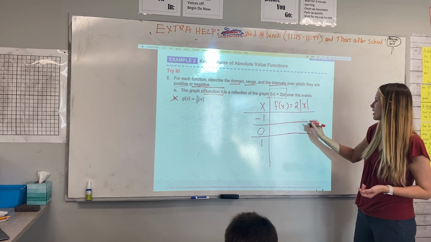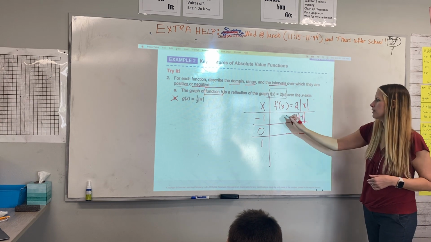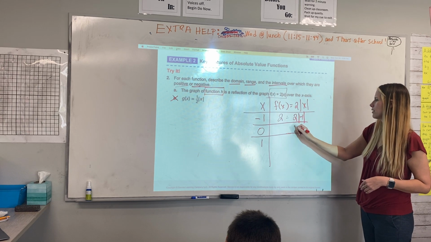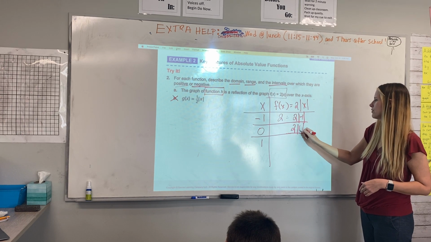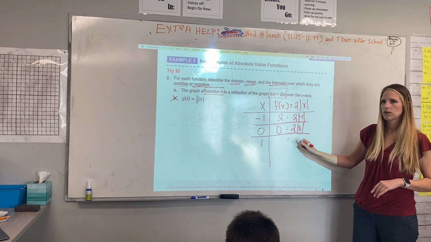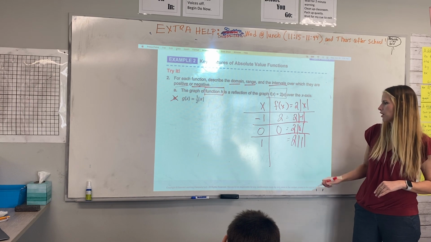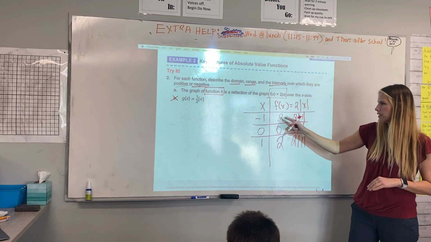Then let's plug things in. 2 times the absolute value of -1 would be 2. 2 times the absolute value of 0 would be 0. 2 times the absolute value of 1 would be 2. So here are our coordinate pairs.